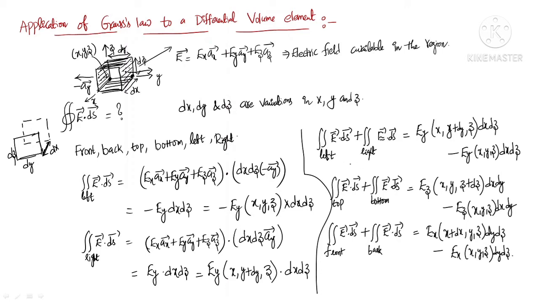If you add all the six integrals, it is nothing but the closed surface integral of E dot dS. Let me add all the six integrals and write this as the completely closed surface integral of E dot dS. How can you obtain this?